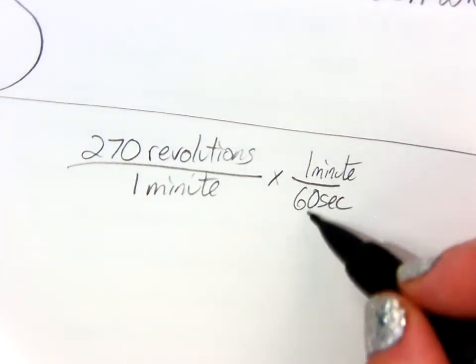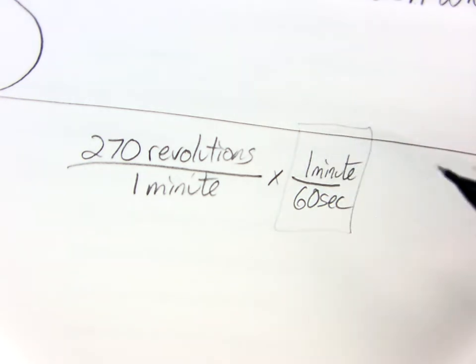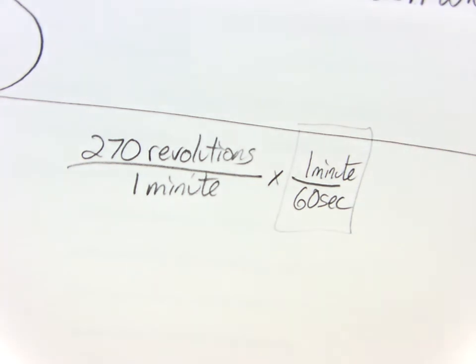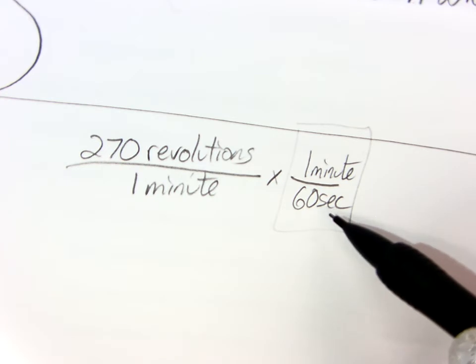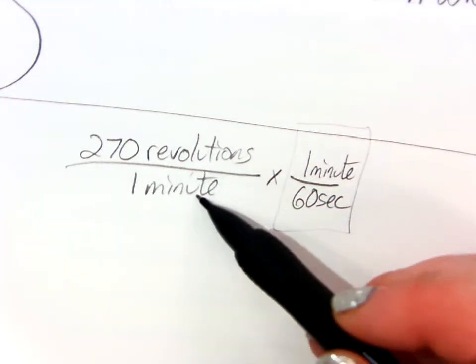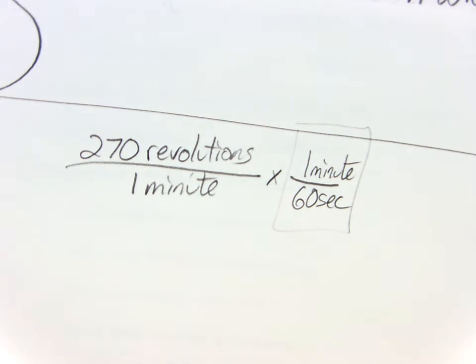Okay, so wouldn't you agree that this fraction right here is really just 1? If you have the same exact thing on top and bottom, like 5 over 5 or 15 over 15, isn't that just 1? So in this case, I have 1 minute and 60 seconds. They are the same thing. So I'm just multiplying my 270 revolutions over 1 minute by 1.